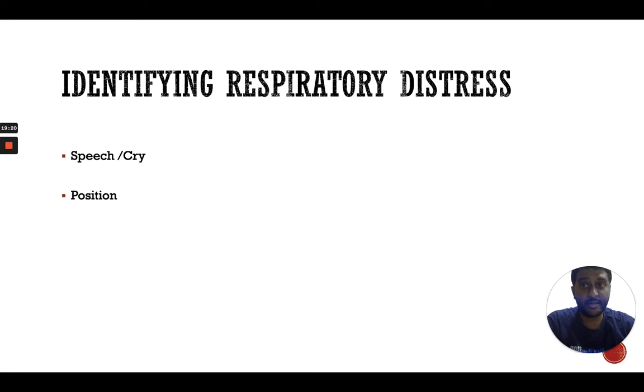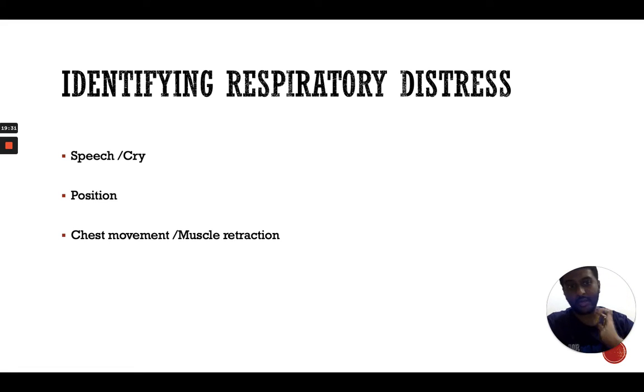And as I said earlier, position, like tripoding or kneeling down, all tells you the patient is in respiratory distress. And you can look at the chest movement and the muscle retractions. I'll shortly come to where to look for the muscle retractions. And nasal flaring is a very unique thing in pediatrics.